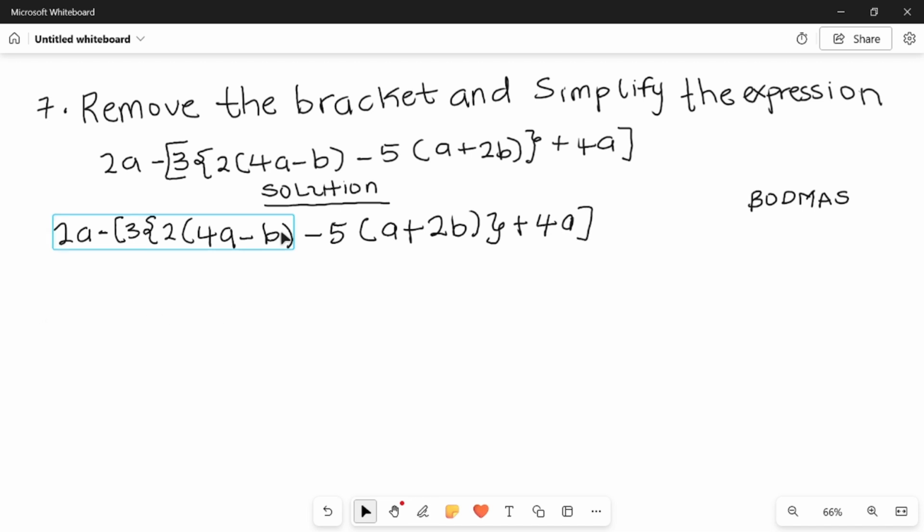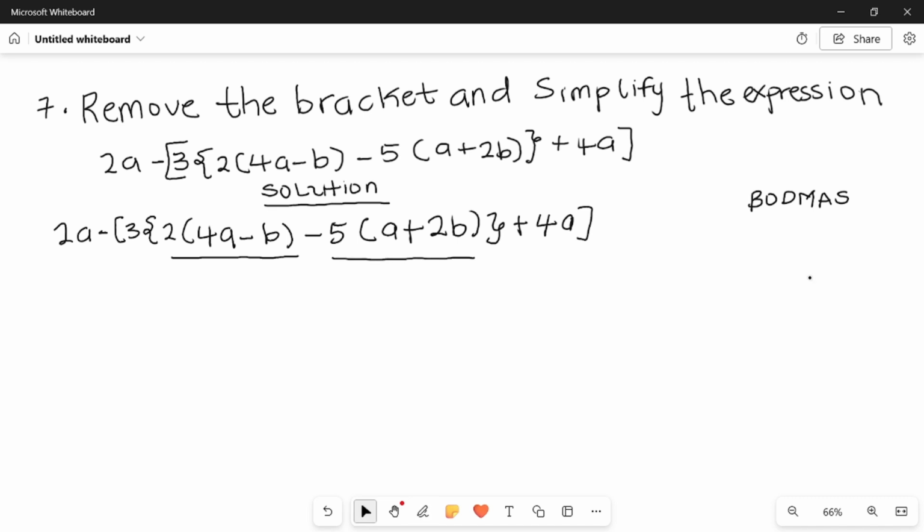So the first step is to open this bracket here, this one and this one. We'll first of all open this bracket, this one here and this other one simultaneously.